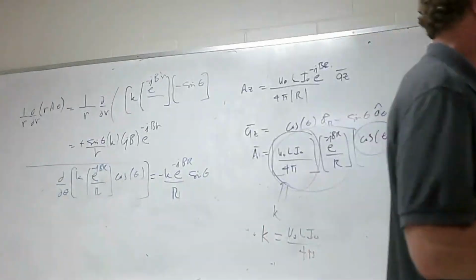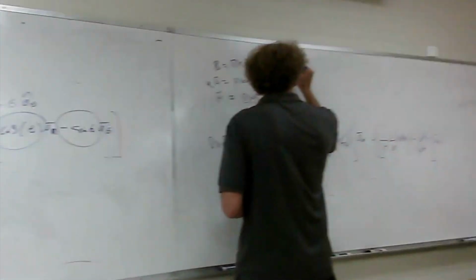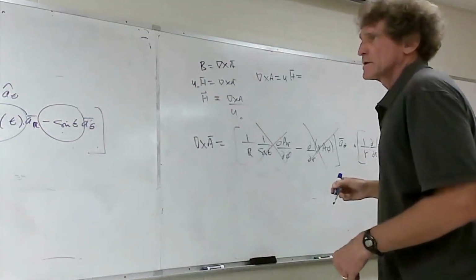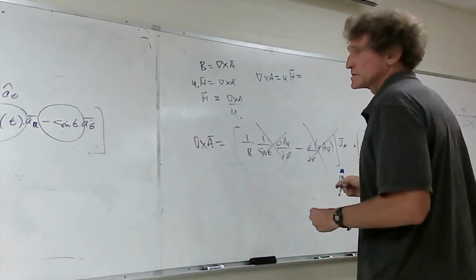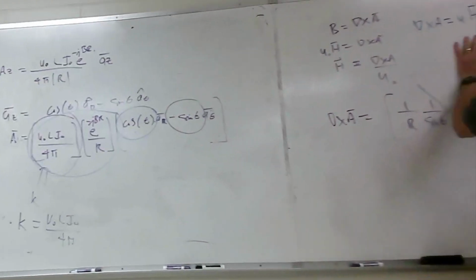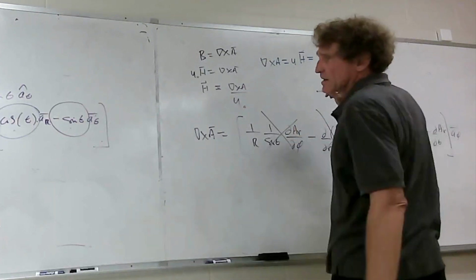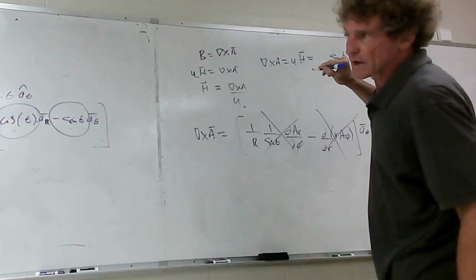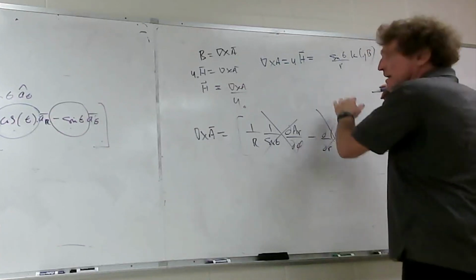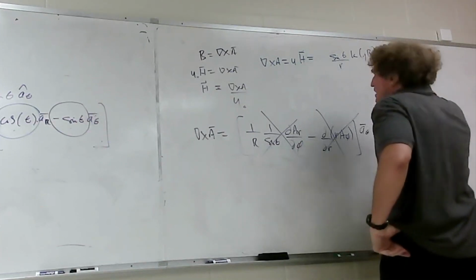Now I come over here and I put it all together, and I'll do it up here. So now I have curl A, which is equal to mu H. That's going to be equal to the first one, which is sine theta over r times k, times that k, which is the I naught business, times j beta and times e to the minus j beta r.